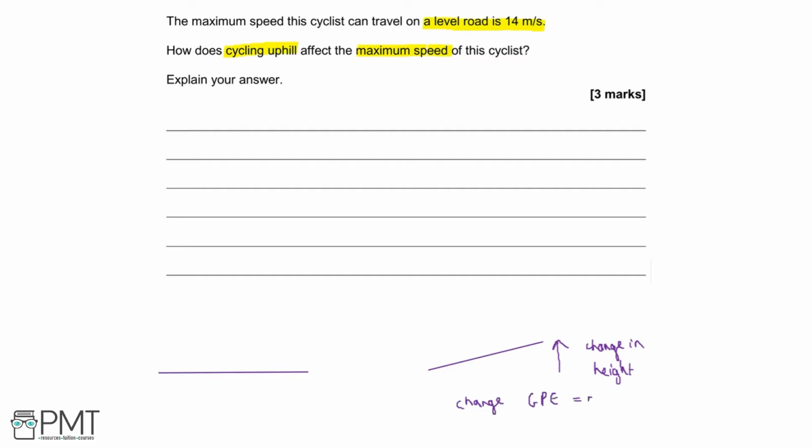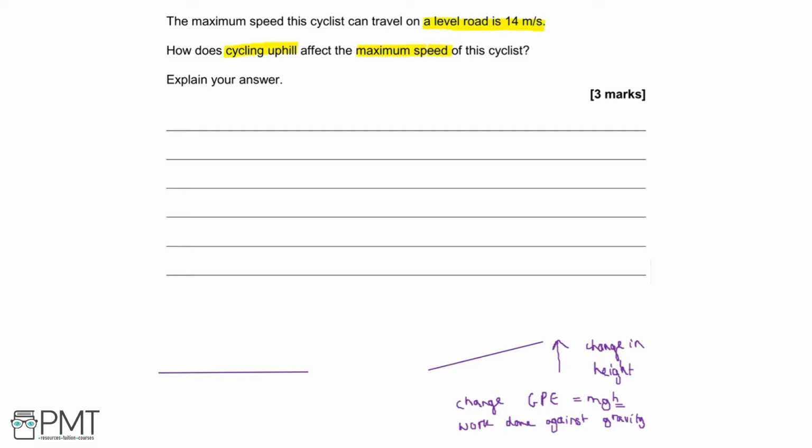So if you think that equals mgh, if we have a change in height, then that means we're either gaining or losing gravitational energy. And as we're going upwards, work is being done against gravity. This means that the gravitational potential energy of the cyclist is going to increase.